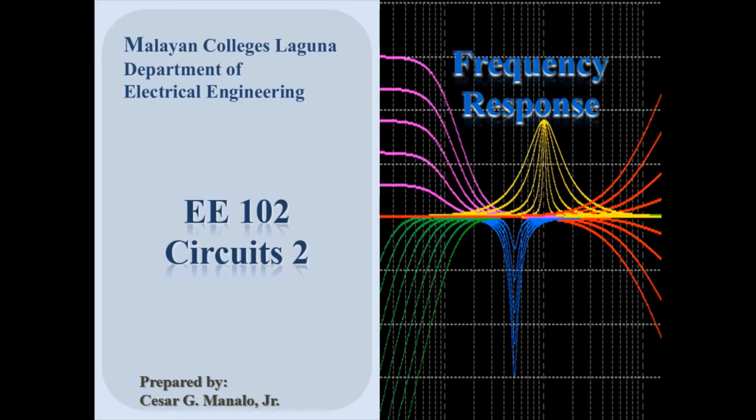In this module, we will look at the responses of circuits with sources having variable frequencies. This topic in frequency response has several applications, and one of them is in filters and resonance.